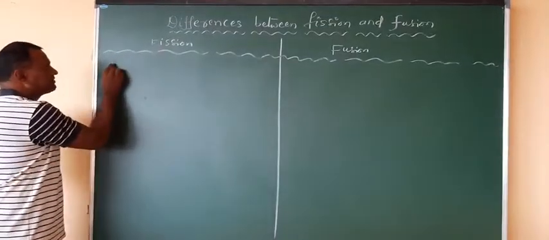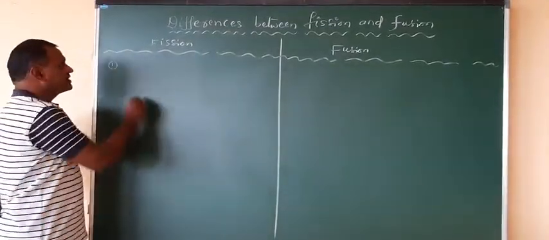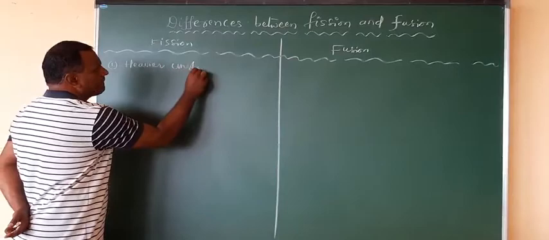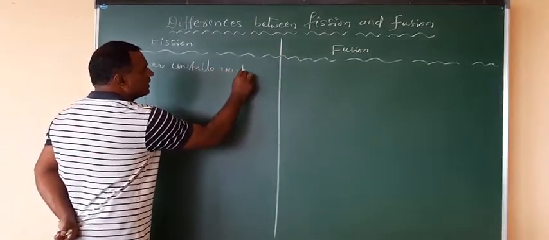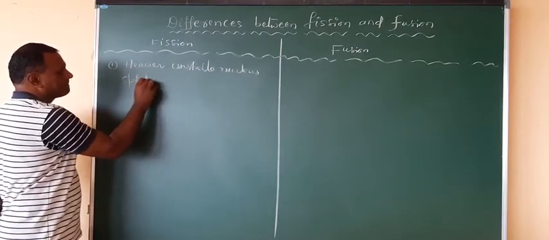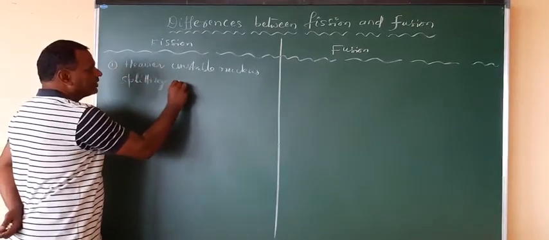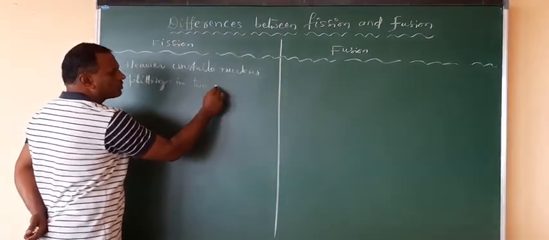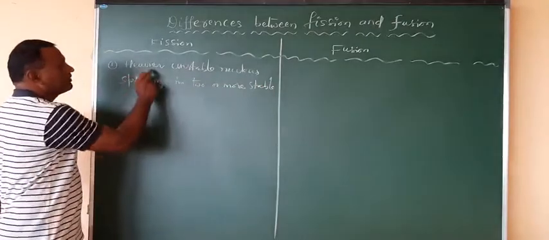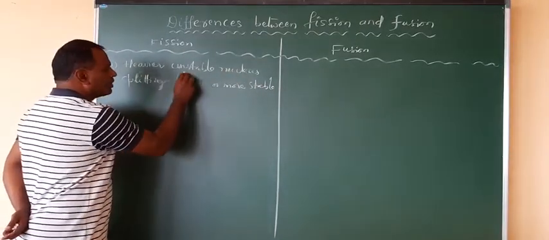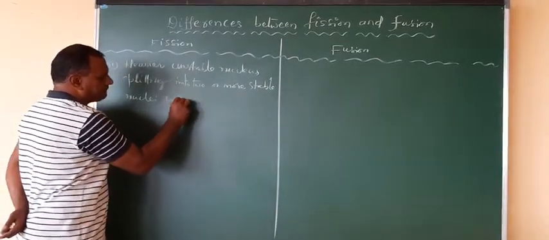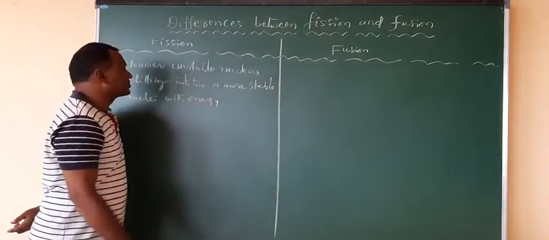In fission, the definition is: a heavier unstable nucleus splitting into 2 or more stable nuclei with energy. So this is the definition of fission.